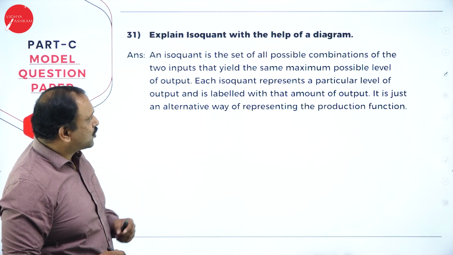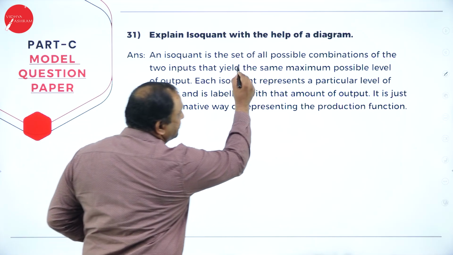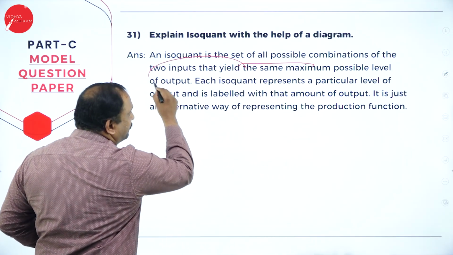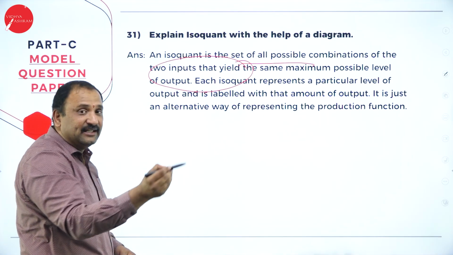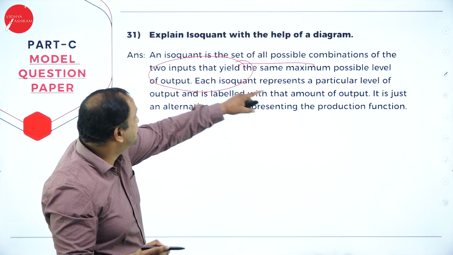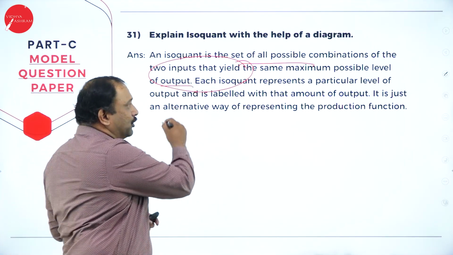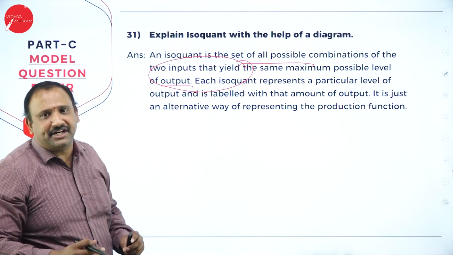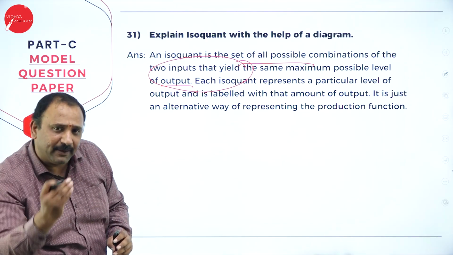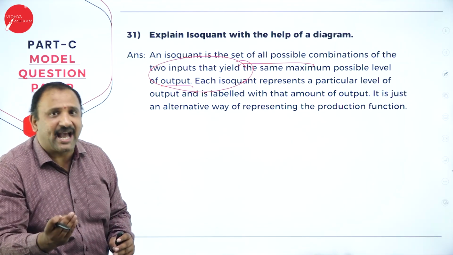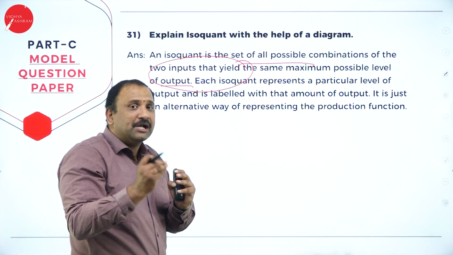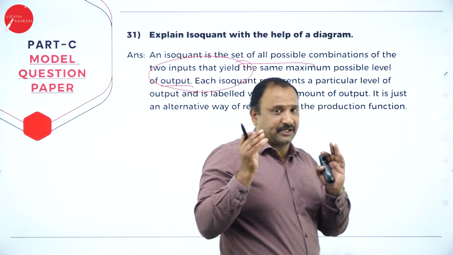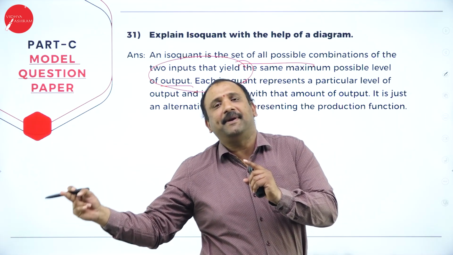Next one, an isoquant is a set of all possible combinations of two inputs that yield the maximum possible level of output. So whatever combination, land and labor, labor and capital, land and capital, I am trying to use multiple inputs here, but the output would remain the same.